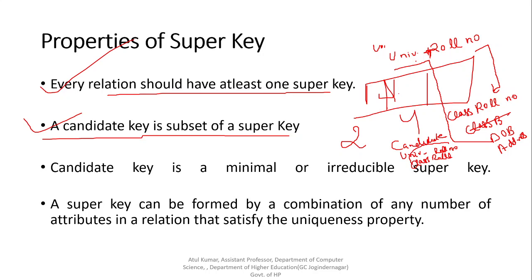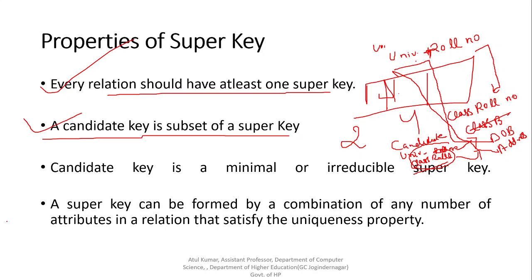These attributes are also present in the set of attributes of the super key. So the candidate key is a subset of this super key.